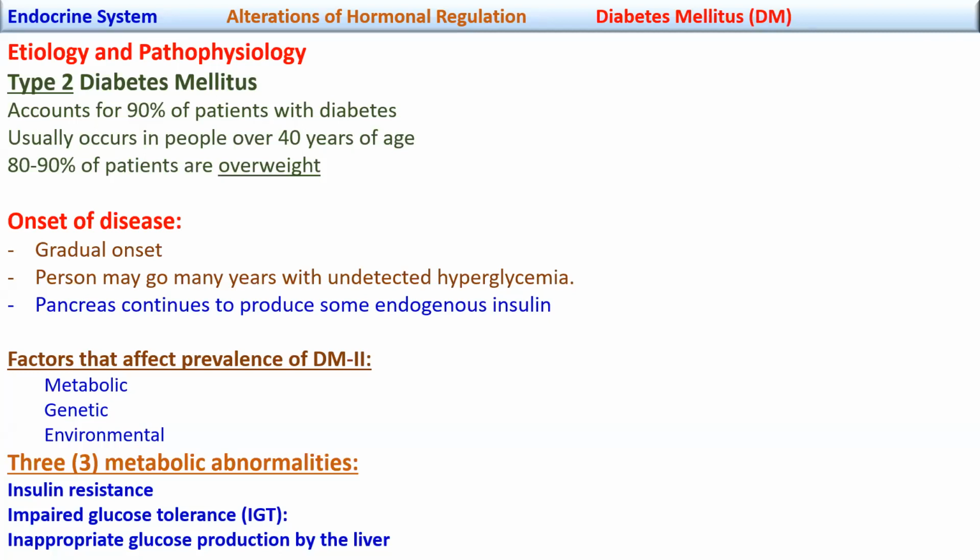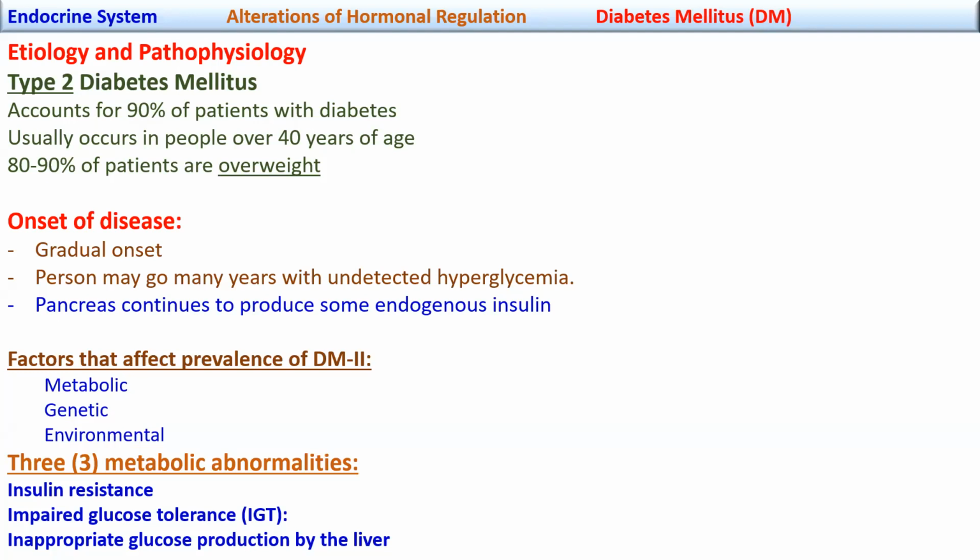Type 2 diabetes accounts for the majority of cases of diabetes mellitus, about 90% of patients develop type 2, and only about 10% type 1.